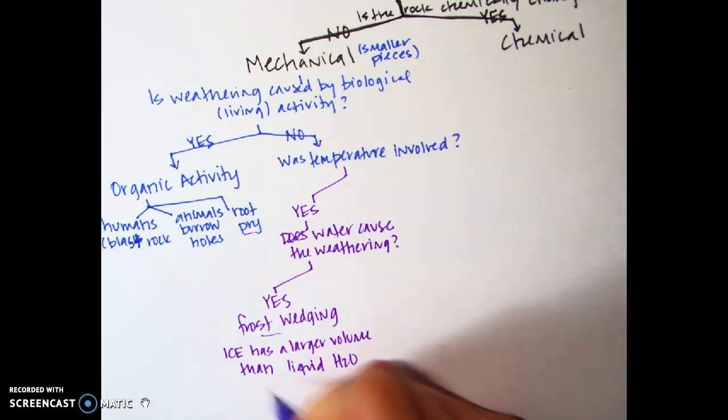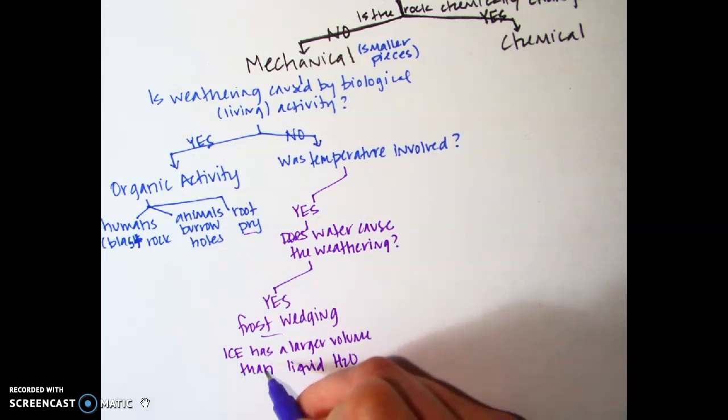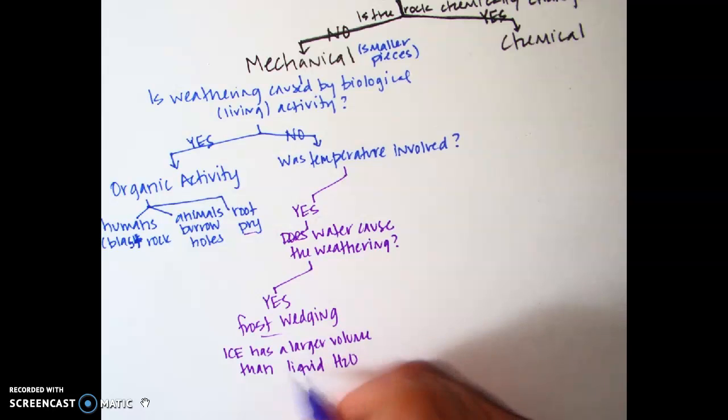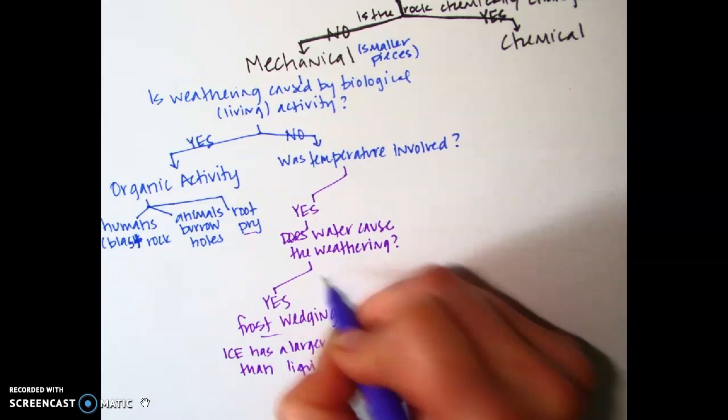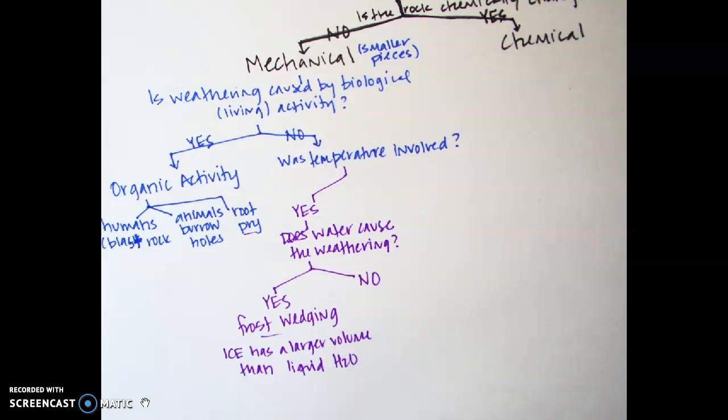So that means when the liquid gets into the rock and it freezes, then it expands and it breaks the rock into two different pieces. So that's frost wedging.